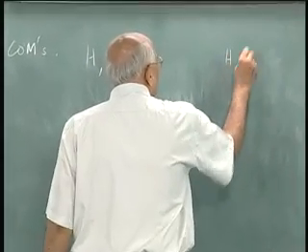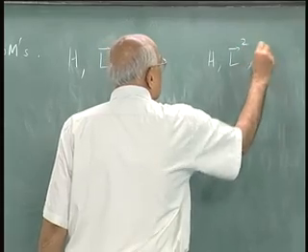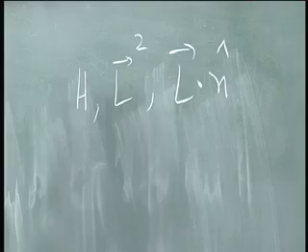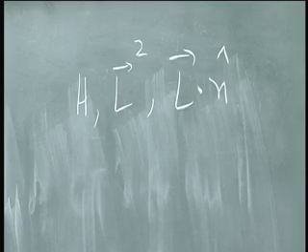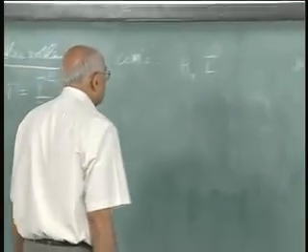The three independent ones are h, L squared, and L dot n, any one component, you choose whatever you like, the component of the angular momentum in any arbitrary direction, the total angular momentum squared, and h. These are three independent constants of the motion and they are in involution with each other, so it is integrable.